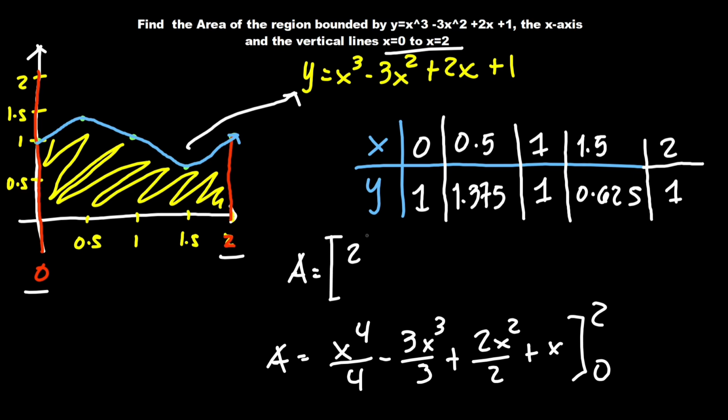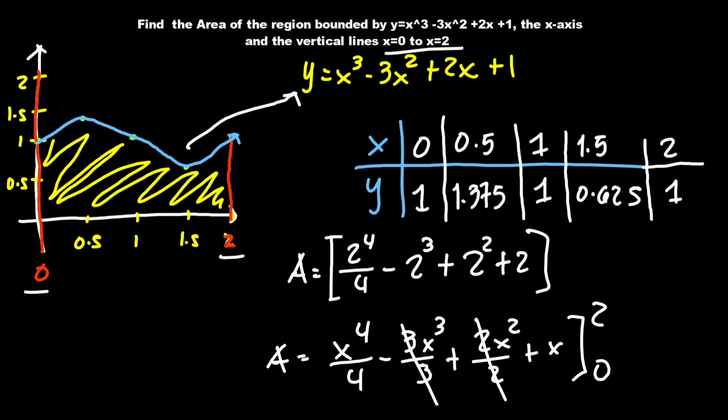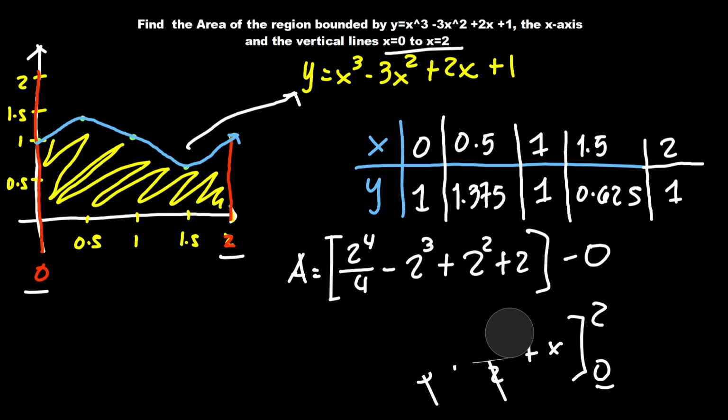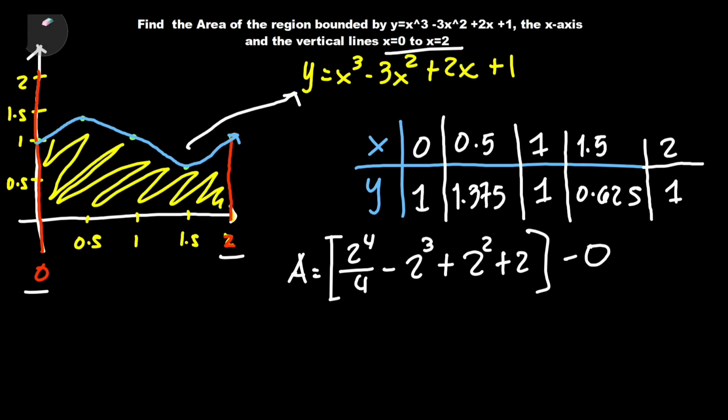So this would be 2 to the power of 4 over 4 minus, 3 and 3 would cancel each other out, so you're left with x cubed. Plus this would also cancel, so you're left with x squared, which is 2 squared plus x, which is 2. If you substitute 0 amongst all the x, you would have a value of simply 0. 2 to the power of 4 would be 16.